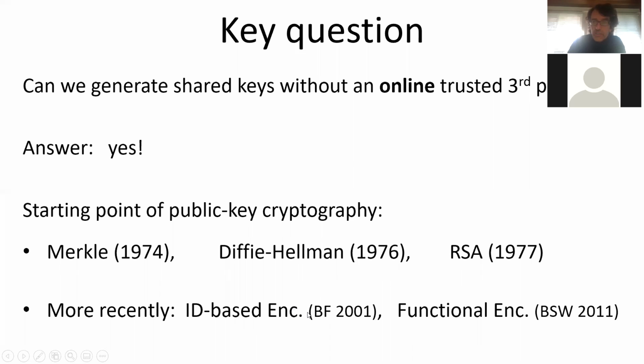You just need their identities, and that suffices to encrypt for them. There are more complex notions of encryption. Functional encryption is where you can encrypt and only people who have basically a solution to some function will be able to decrypt it.